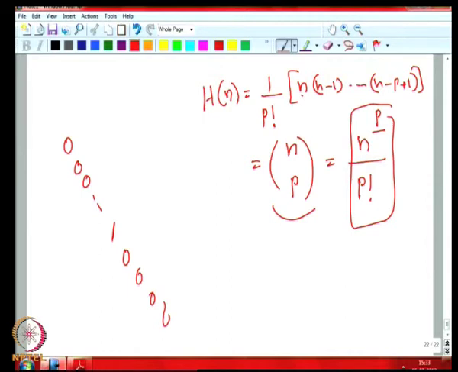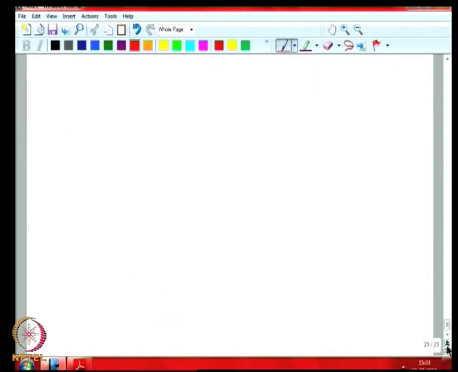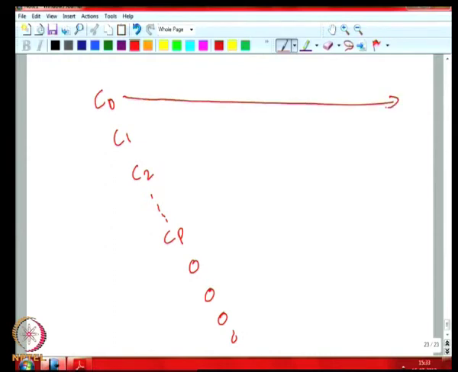Now we know that if we are considering the difference table for C0, C1, C2, up to Cp, suppose the 0th diagonal looks like this, and then below that 0 0 0, and if you create this first 0th row, what will be Hn, what will be the general term here?